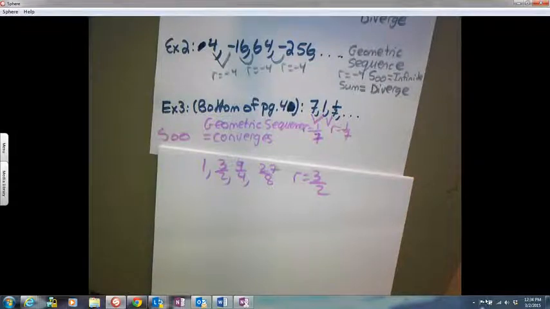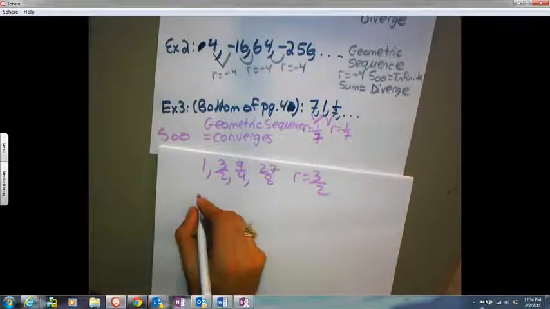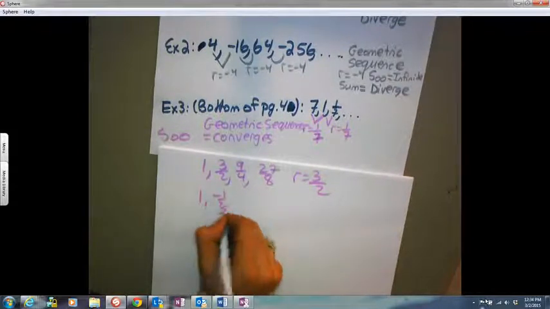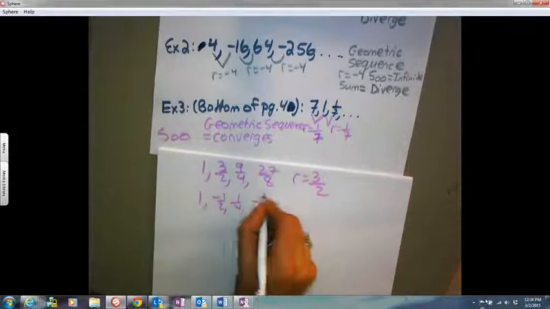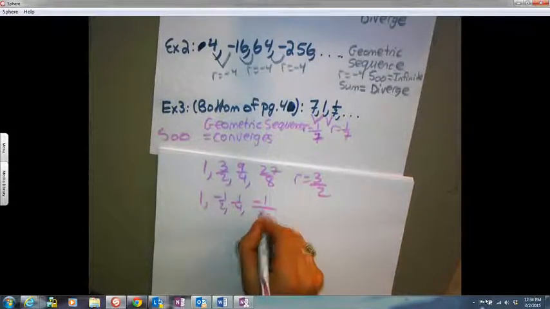It'll stay in the positive. So you're saying that if I had 1, negative 1/2, positive 1/4, negative 1/8, positive 1/16, here r is negative 1/2, this will converge so the numbers are getting super small.